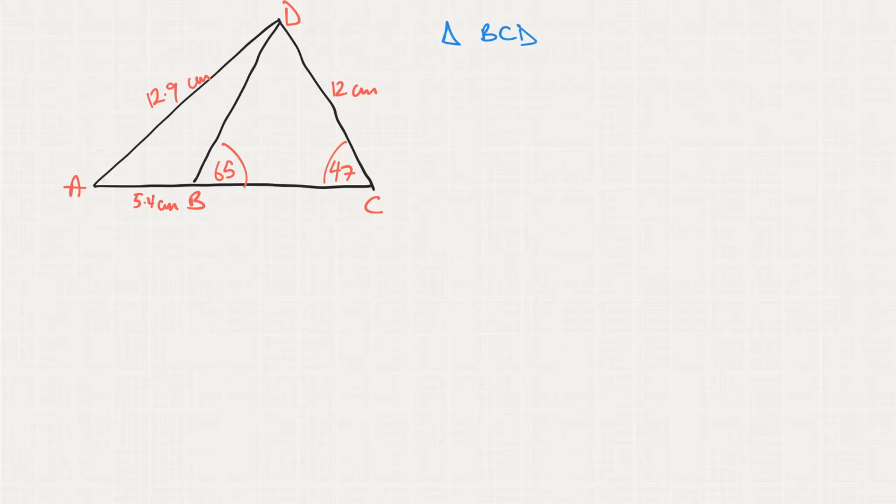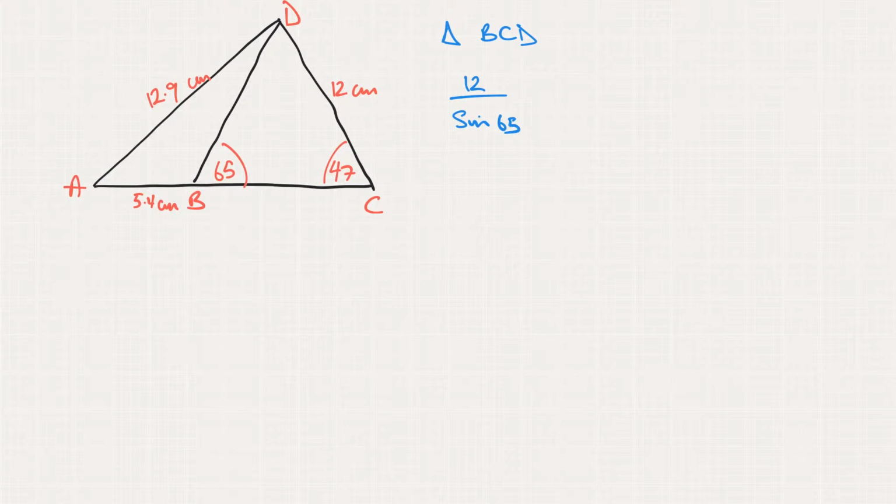And inside that triangle BCD, what do I know? I've been given two angles and I've been given a side opposite one of the angles. And I need to find the side that is opposite the other angle. So that says to me, two angles and a side opposite one. That says I need to use the sine rule. So I will start with 12 divided by sine of 65.